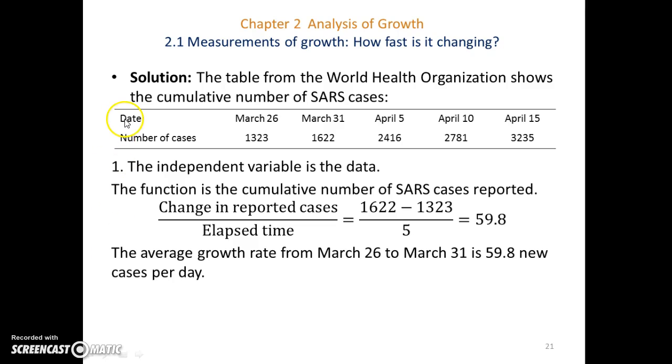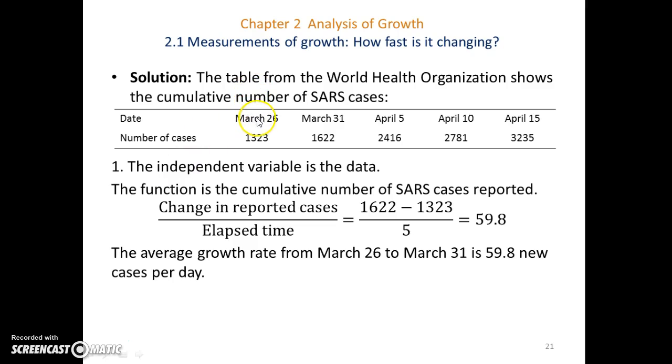Here's a table that gives us the dates in March and April, and also the number of cases of SARS. The independent variable here is days, the date. The function, the dependent variable, is the number of cases. The average rate of change is the difference in number of cases divided by the difference in time.